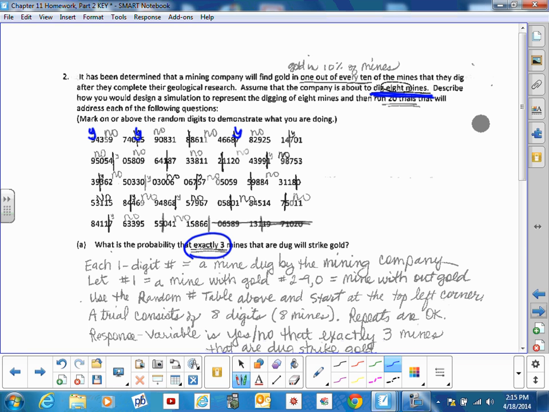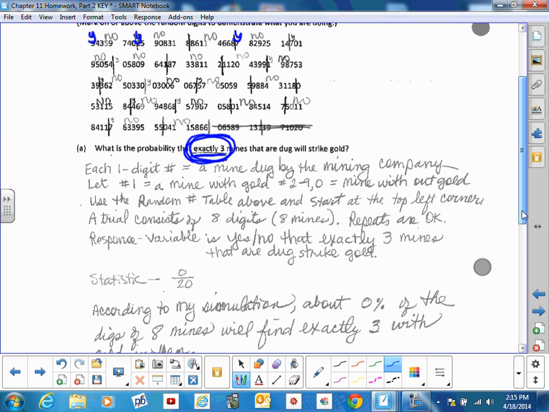So the response that you were looking for was yes, no, that those 8 achieved exactly 3 mines that had gold in them.